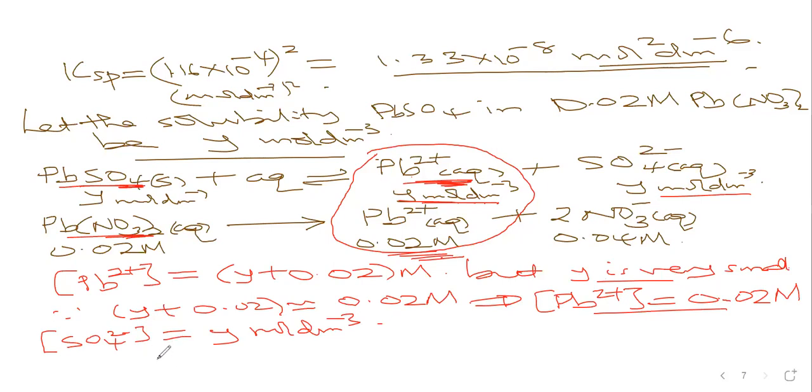So we go back to our Ksp expression. We remember the Ksp is 1.33 times 10 to the power negative 8, from the first example. Substitute the lead ion concentration, which is 0.02, multiplied by the sulfate ion concentration, which is Y.